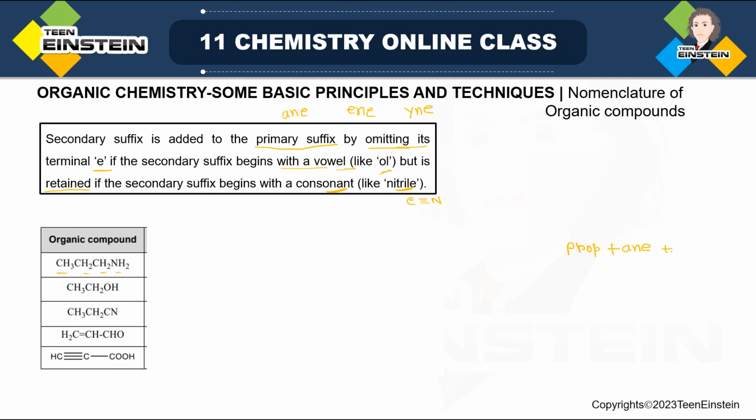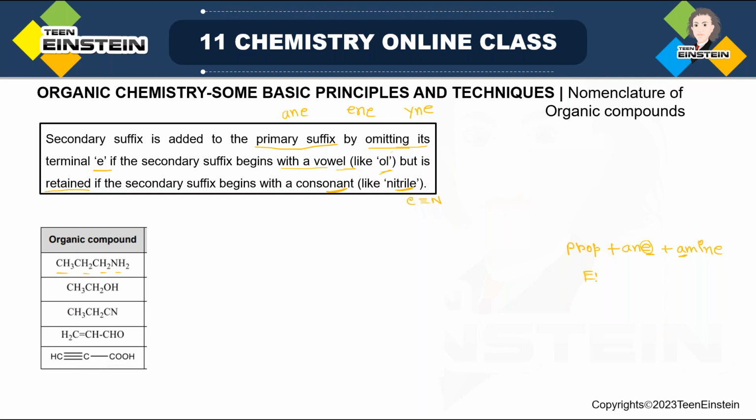And then the functional group, only one functional group we have, so it is amine, but it is starting with A. So you have to omit this E. The name should be propanamine. So this E will not be used. Simply you will add the rest of the terms, omitting this E. It will be propanamine.